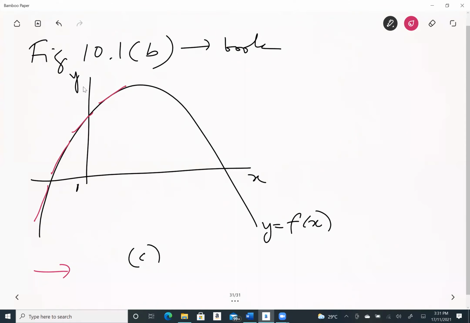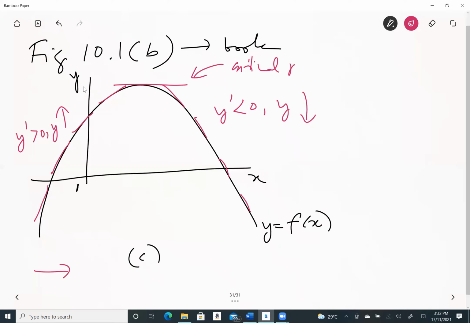On the right side, the derivatives or the slopes are negative, and that means the function is decreasing. But there is a point here that we call a turning point or critical point, where y prime is equal to 0.